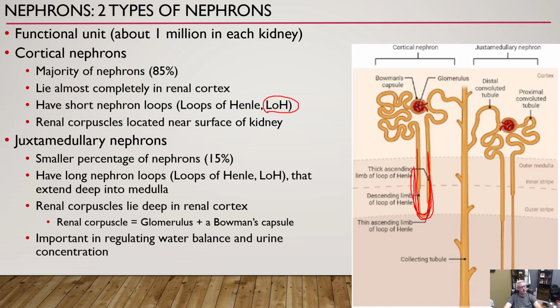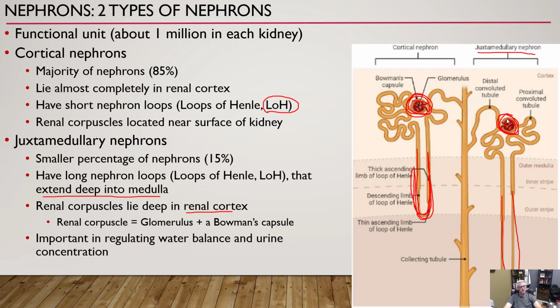All right, juxtamedullary nephrons only make up 15% of the nephrons in the kidney. They're going to have longer nephron loops. Those nephron loops extend deep into the medulla, and their renal corpuscles lie more deep in the renal cortex. See how this one lies more superficial, and this one lies more deep.